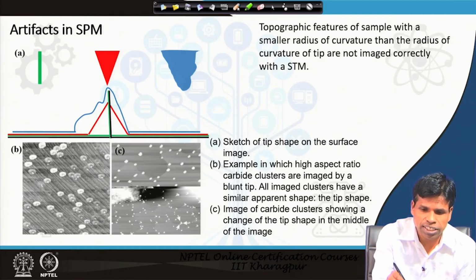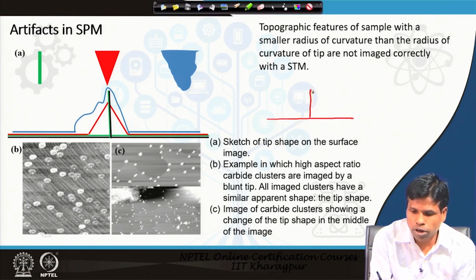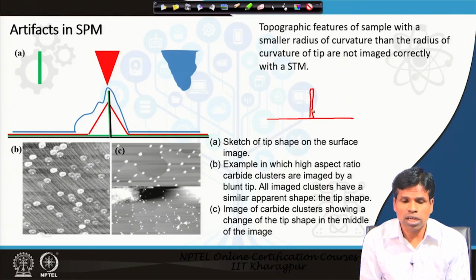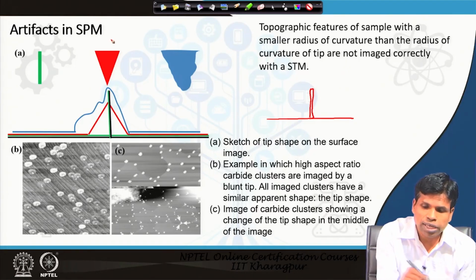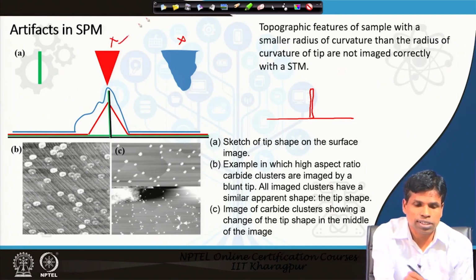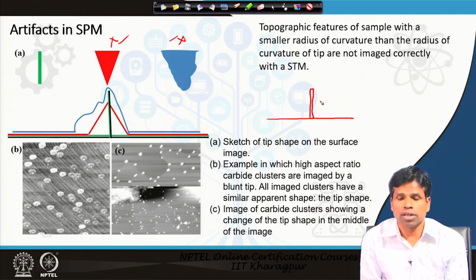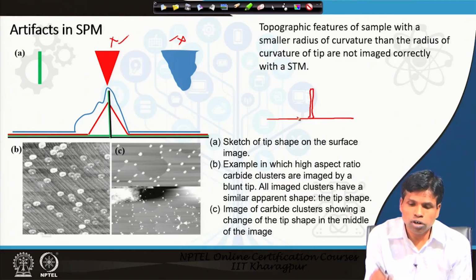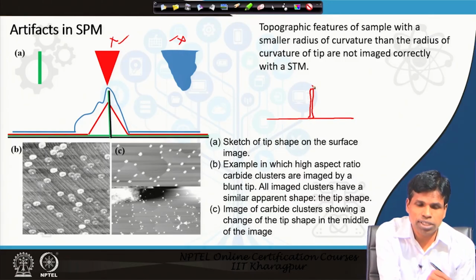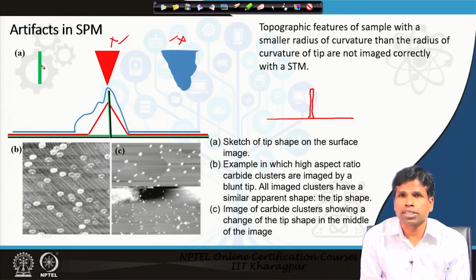As you see here in these cases, let us say we have a one-dimensional feature on the sample, and this type of one-dimensional feature cannot be studied by this type of tip. So, in order to get the correct image of a one-dimensional feature, our tip should be of similar aspect ratio or better aspect ratio.